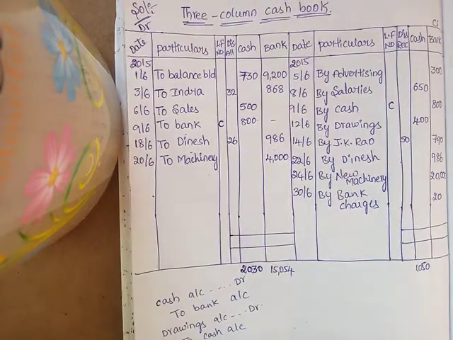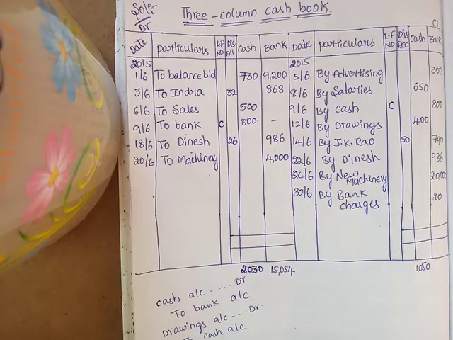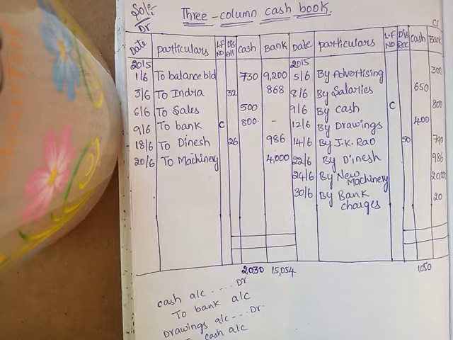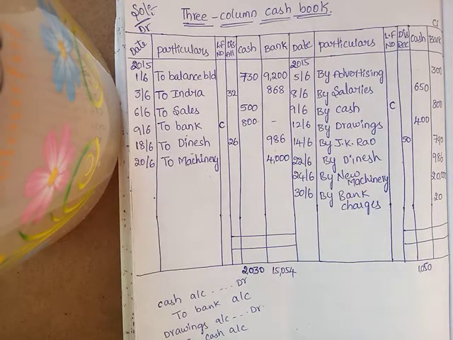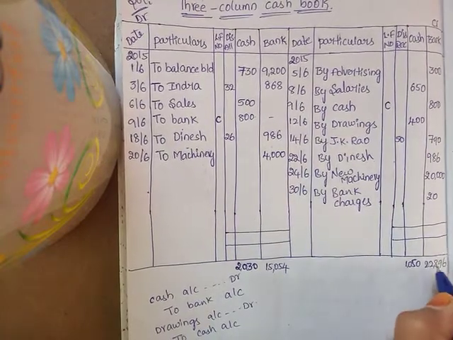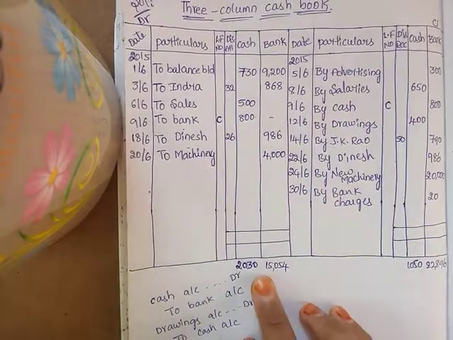Next is 300 plus 800 plus 790 plus 986 plus 20,000 plus 20. Total is 22,896. Okay, so these are the totals.